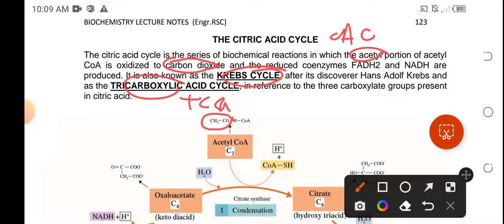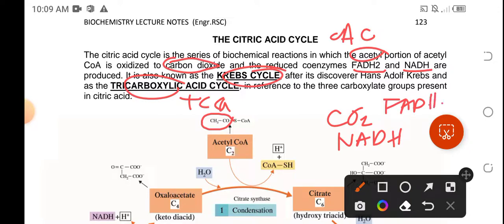So makakaproduce tayo ng carbon dioxide and the reduced coenzymes FADH2 and NADH. Okay, so ang mga produce dun sa citric acid cycle are carbon dioxide, the NADH or the reduced form, and the FADH2.